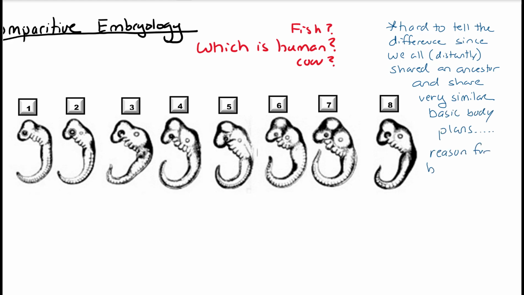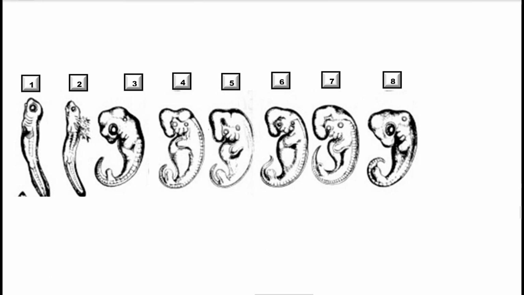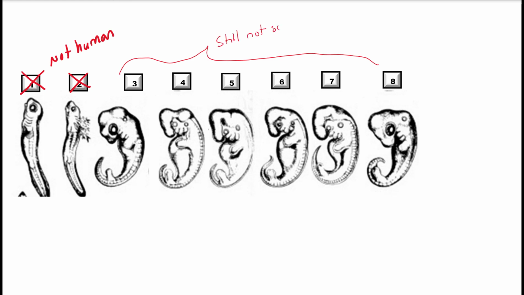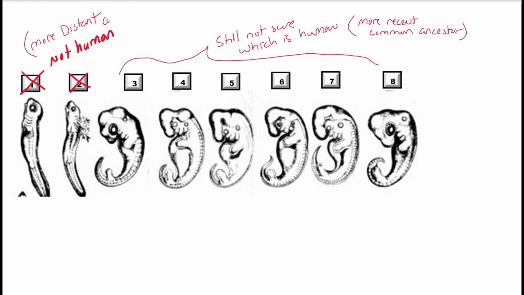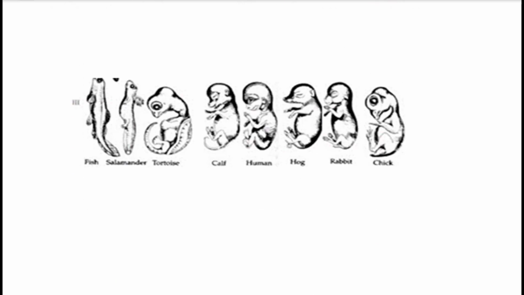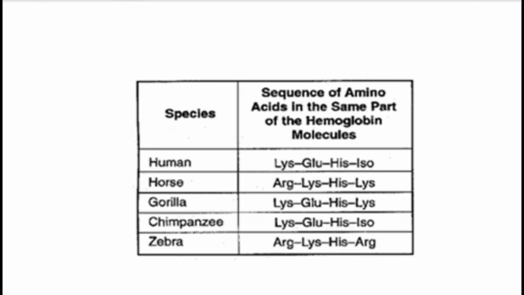We all came from a very distant common ancestor, but a common ancestor nonetheless. We all have very similar basic body plans: 2 eyes, a head, a end, like a head and a feet, a top part of the body and a bottom part of the body. As we move along in development, though, we start to have some differences, and you can start to see which organisms were more distantly related and which ones were more recently related.